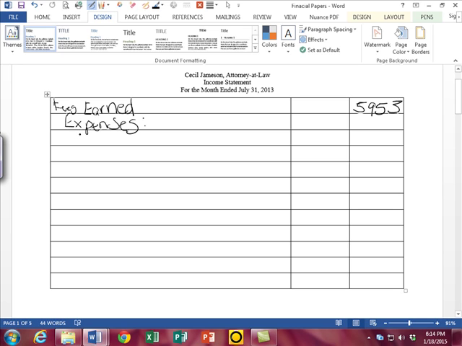The largest expense we have right now is the paralegal expense, so we start with that account. Paralegal expense was $1,635. Notice I'm on the inside column.